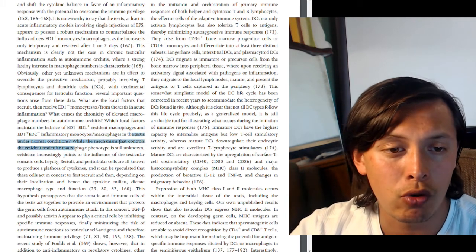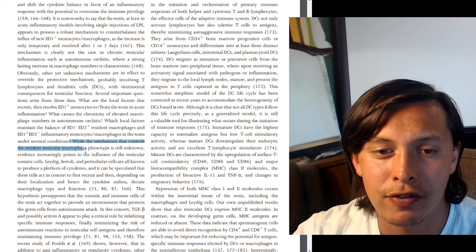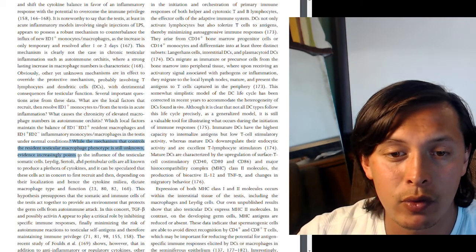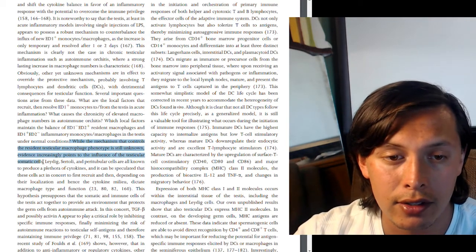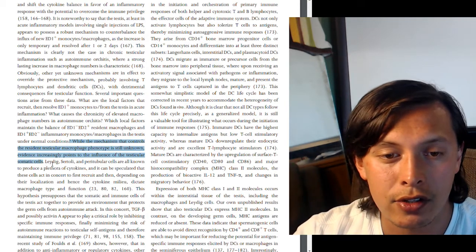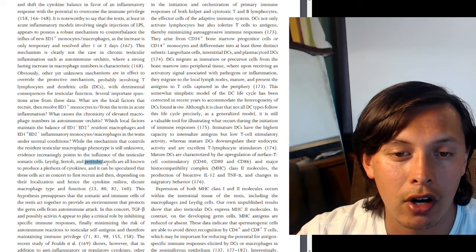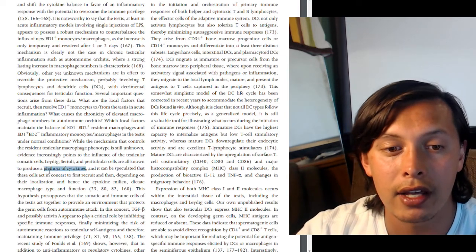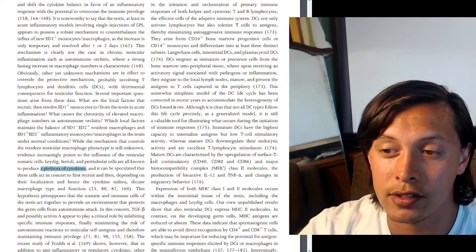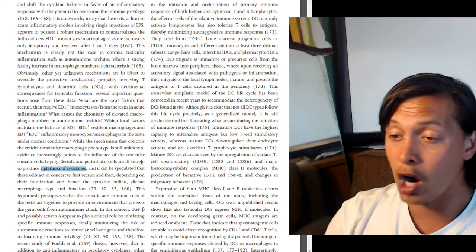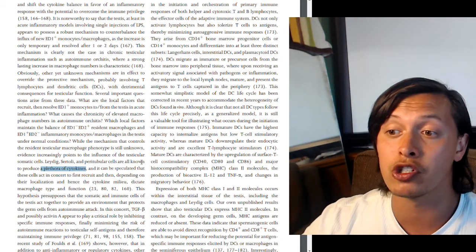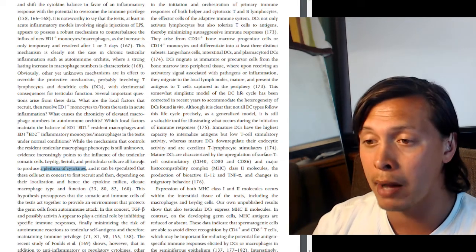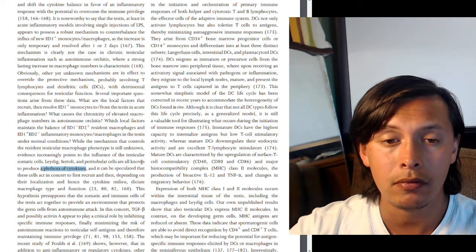While the mechanism that controls the resident testicular macrophage phenotype is still unknown, evidence increasingly points to the influence of testicular somatic cells. Leydig cells, Sertoli, and peritubular cells are all known to produce a plethora of cytokines. So these somatic cells of the testes are producing a lot of cytokines, which could very easily affect what type of immune cell populations you have.